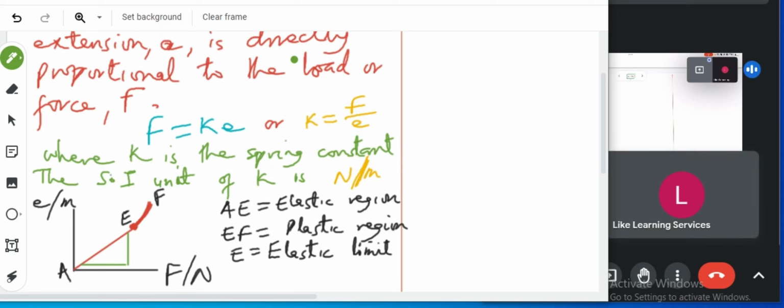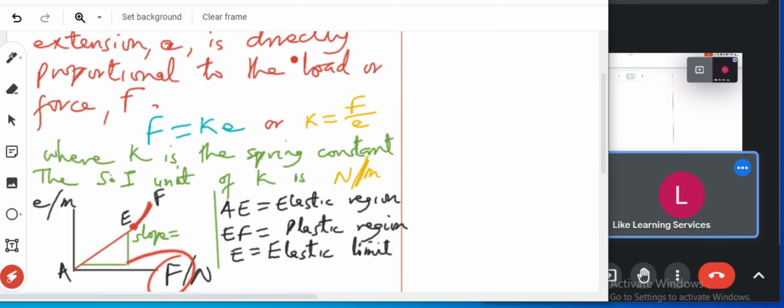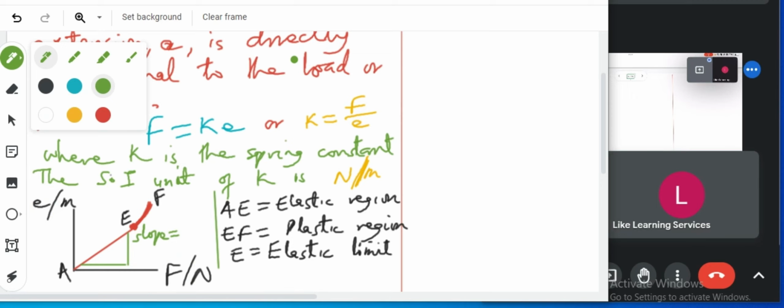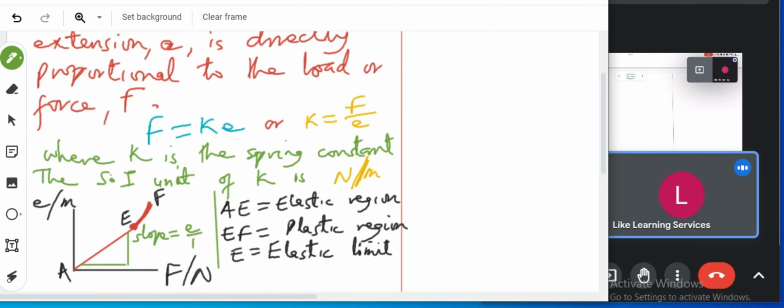Remember, this is a graph of E against F. What would the gradient give you? The constant. Yeah, what will be the value? Slope is equal to, since it is E plotted against F, that's going to be E over F. And what would that be?